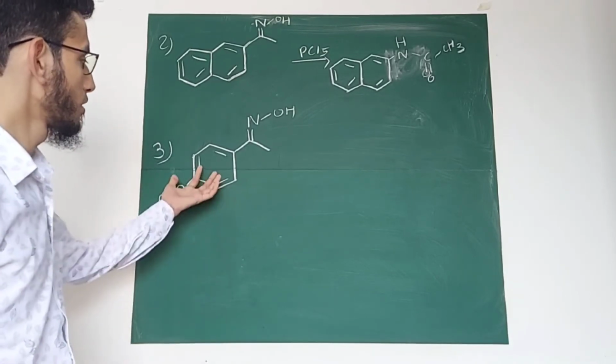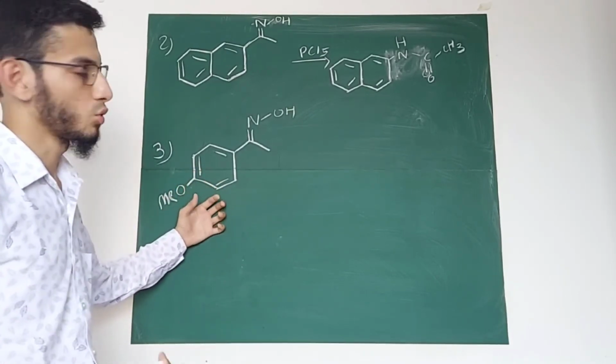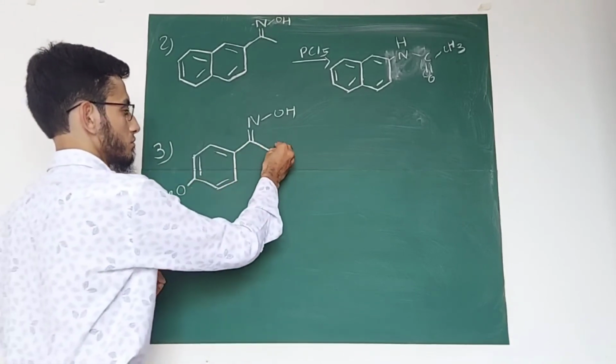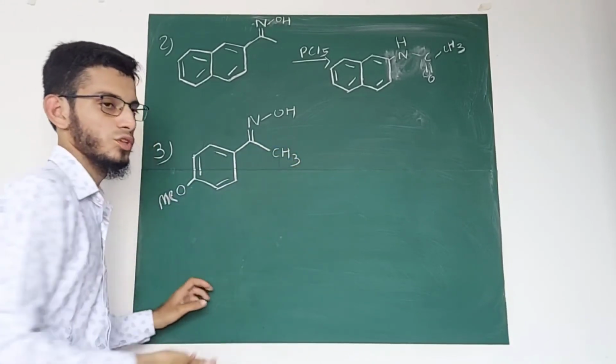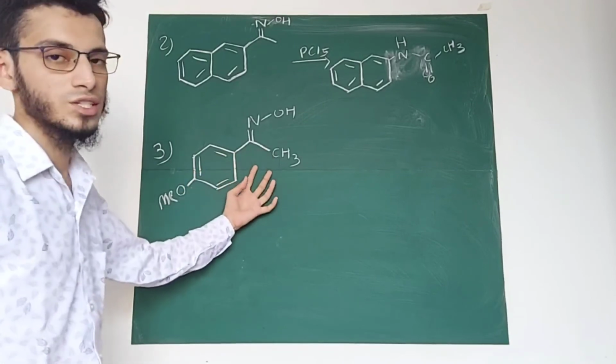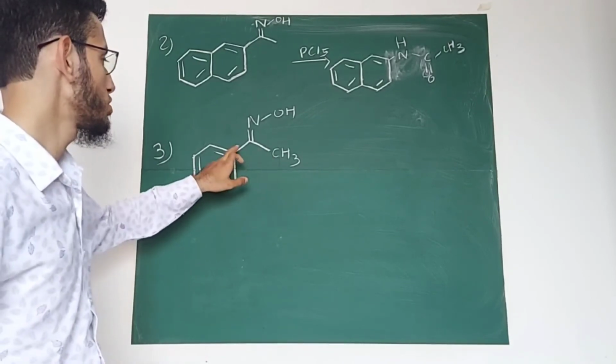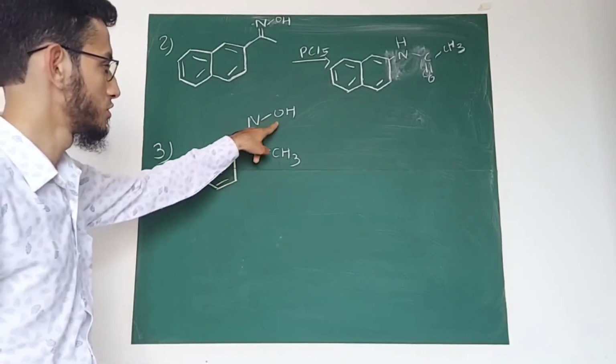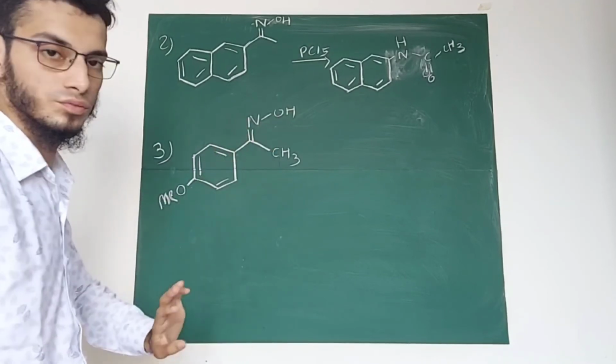Similar. This group is phenyl, an aryl, and this is alkyl here. Which group will migrate? Here we have given stereochemistry, so this group will migrate, because it is anti to the leaving group.